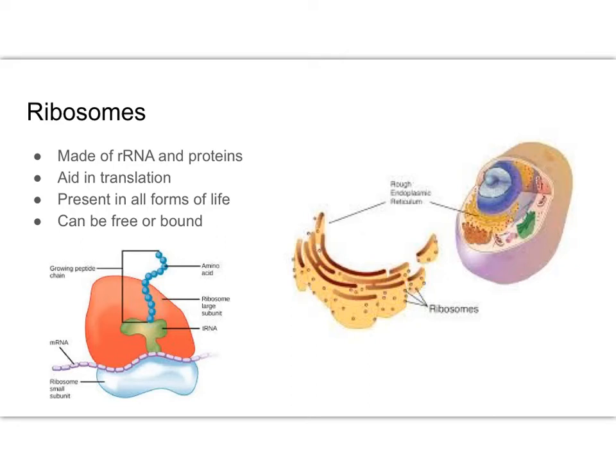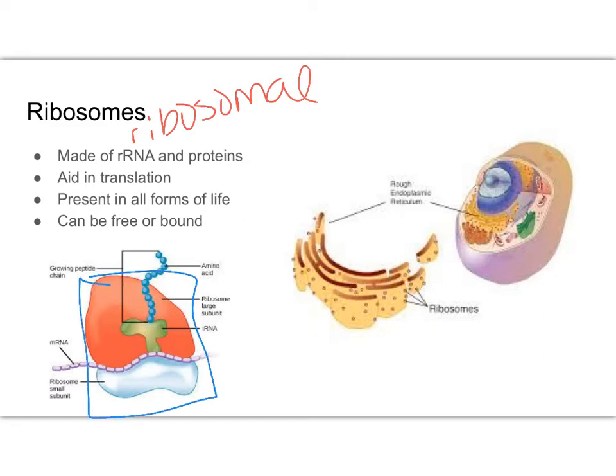Ribosomes are made of proteins and rRNA. rRNA actually stands for ribosomal RNA. Okay, so you can see the ribosome down here on the bottom. The red and the kind of whitish part, all of that is the ribosome. So that's going to consist of proteins and rRNA bound together into these two subunits.